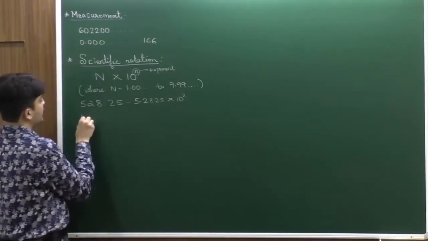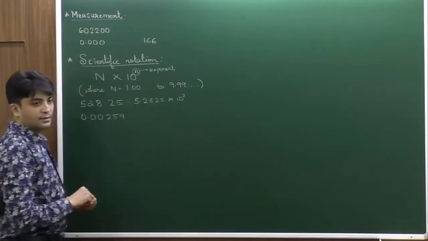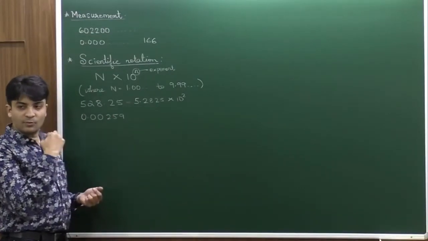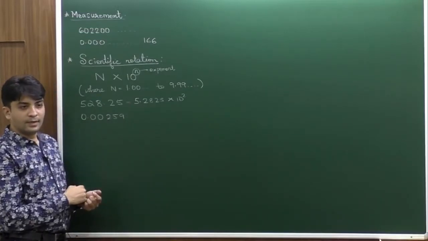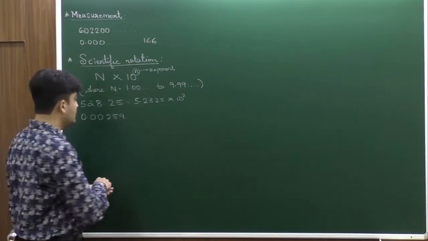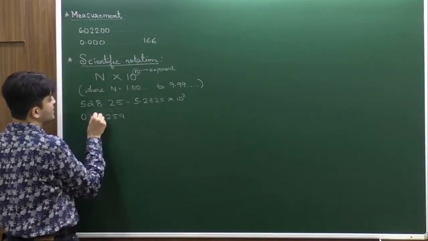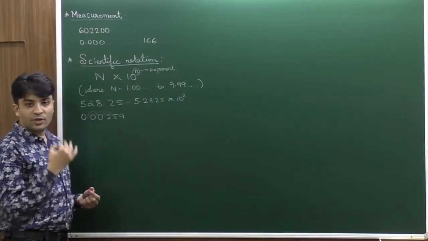ठीक है? अगर मेरे पास ऐसा नंबर है 0.00259, then this is a small number, so 2.59 into 10 raised to minus 3, small number है ना. उस केस में हम क्या कर रहे हैं? This decimal is shifted to right by 3 places.